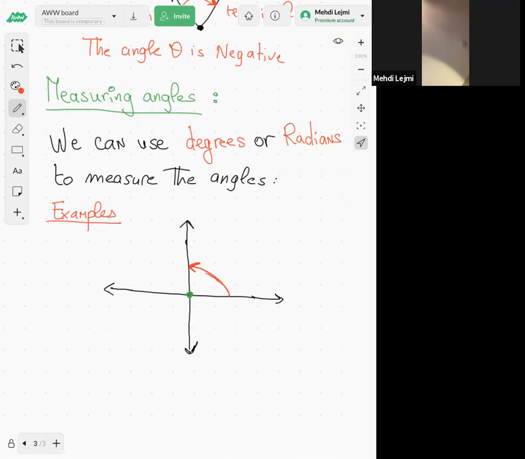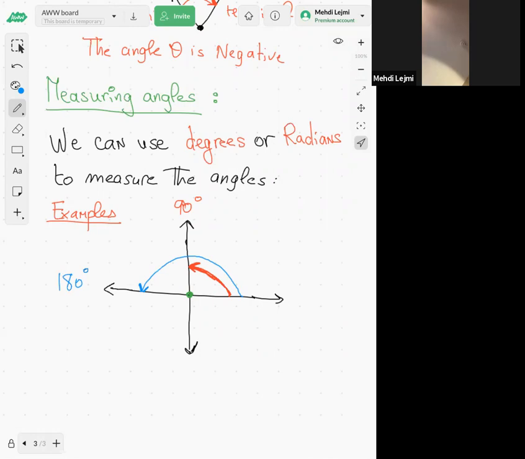A right angle is 90 degrees. If you go to the opposite side, that would be 180 degrees.